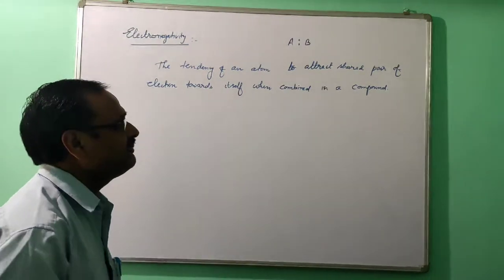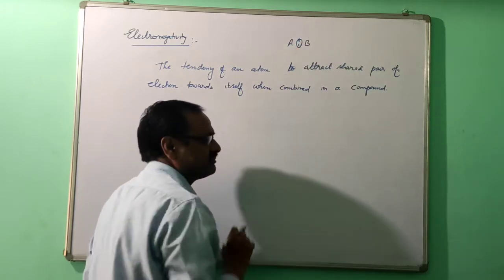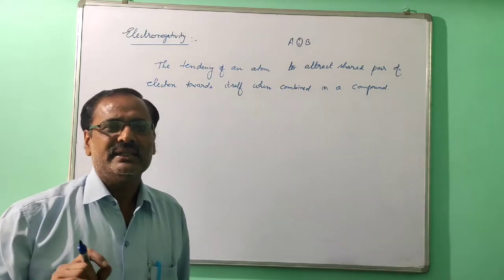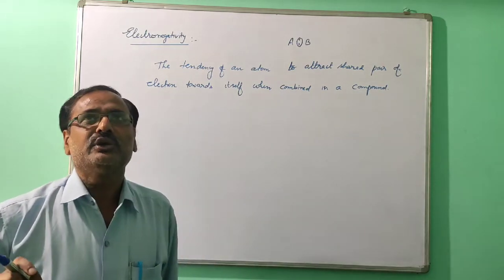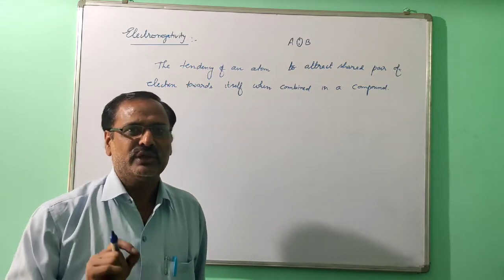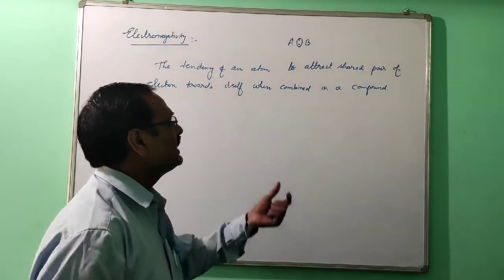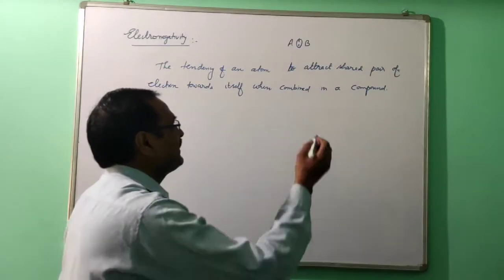So just see, in this one, this pair of electrons is there. As you know, you can take any atom. Inside the atom the nucleus is there, and the nucleus is positively charged. So this nucleus will exert a force of attraction on this shared pair of electrons.